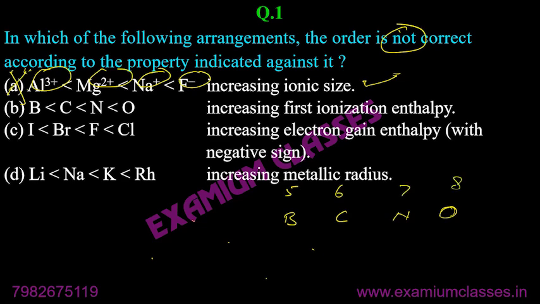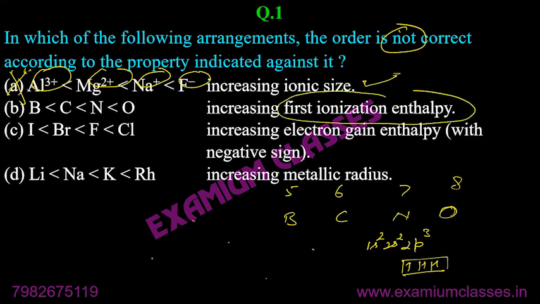nitrogen has a specific stability due to half-filled configuration. 1s2, 2s2, 2p3. So this 2p3 has half-filled configuration due to which it is stable and more energy is required to remove the electron. First ionization enthalpy means you need to remove the valence electron. So it means it requires energy even greater than oxygen.